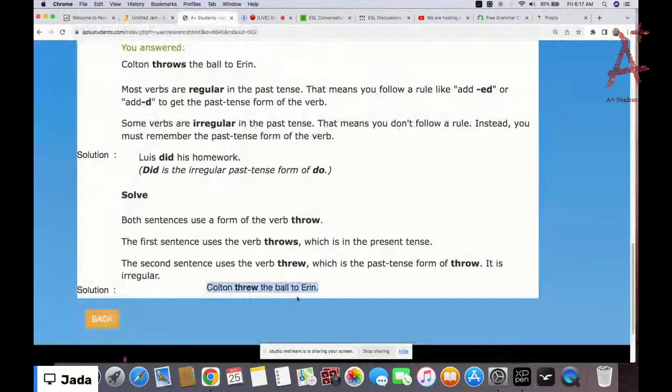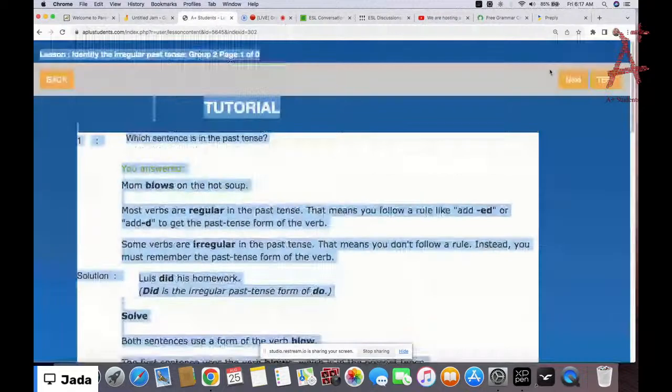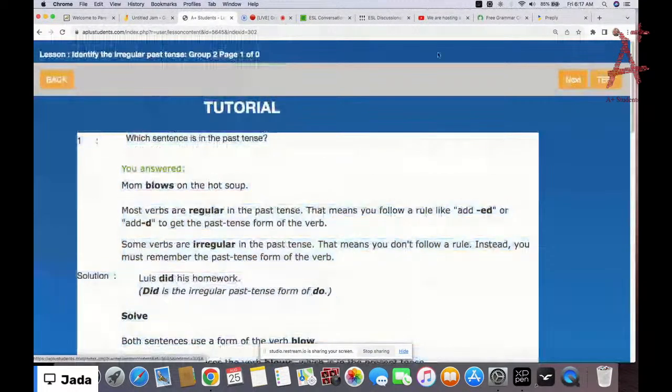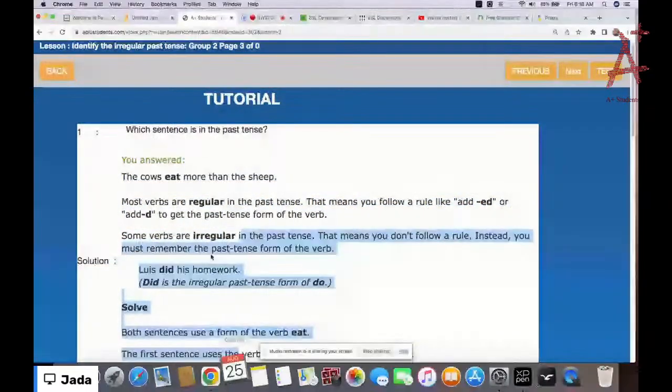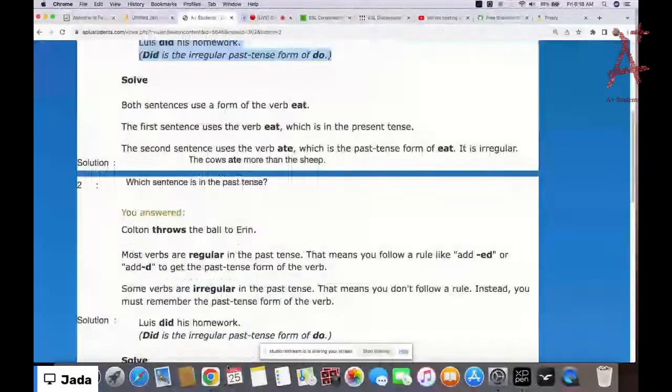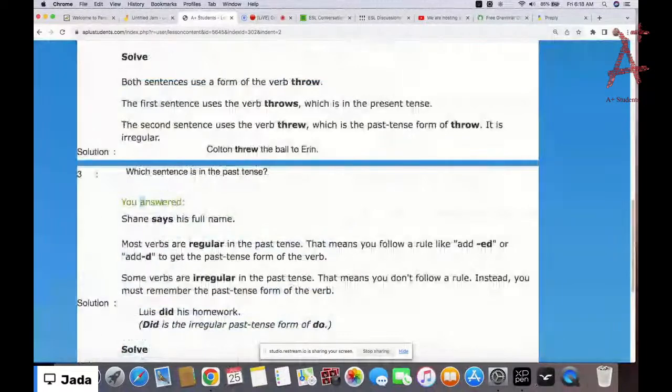I hope that you all understand what we're doing here. Let's see some more examples and then we move on to the test. Then let's see some more. Throws, we've seen that. Says.